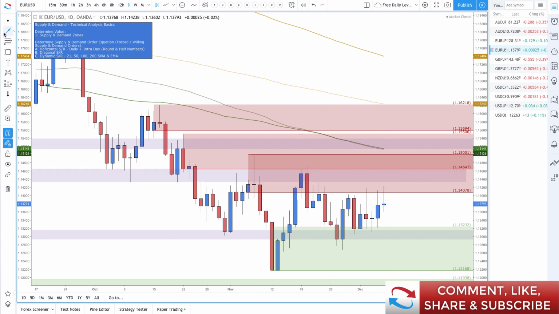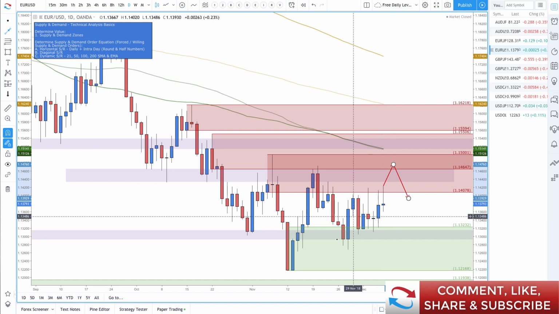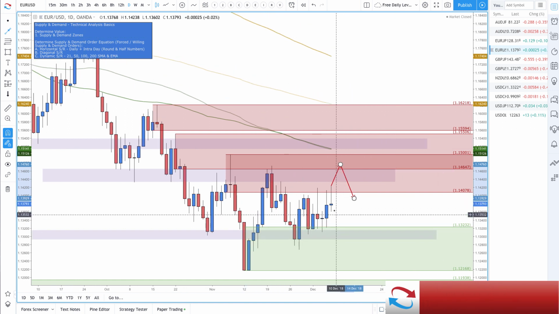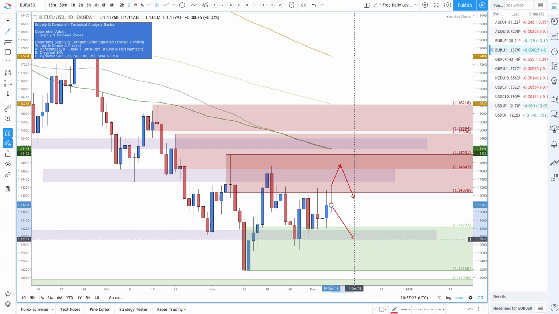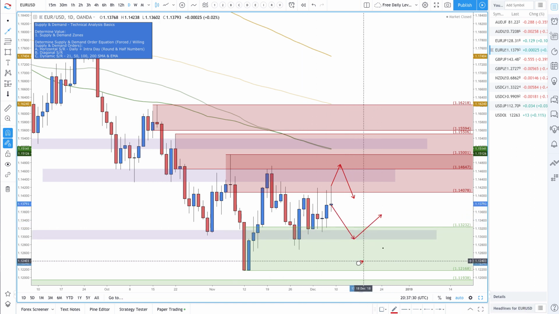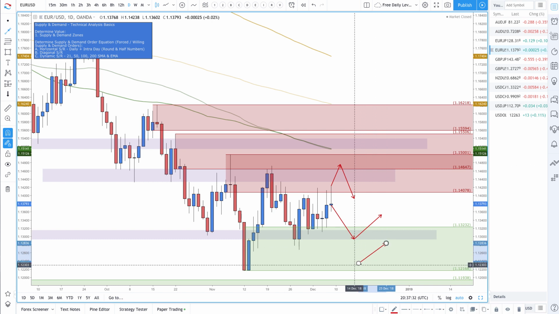If it does come up a bit higher, this is probably where you want to look to be a seller or a buyer of the US dollar. If you're looking to be a buyer of the euro, then you wait for prices to really come down into here before looking to be a buyer, or probably down into the bottom end of this demand zone right here.